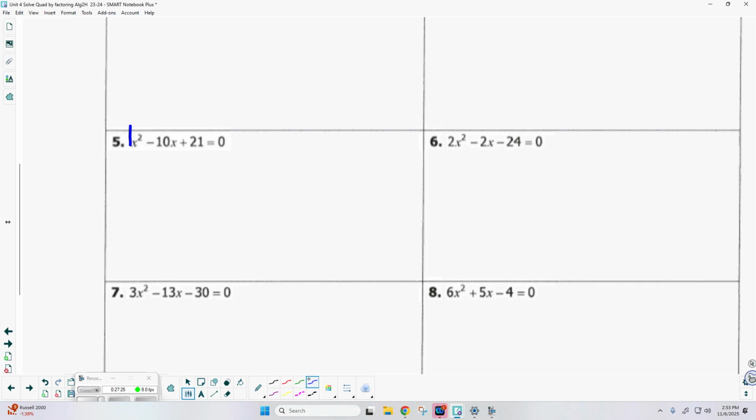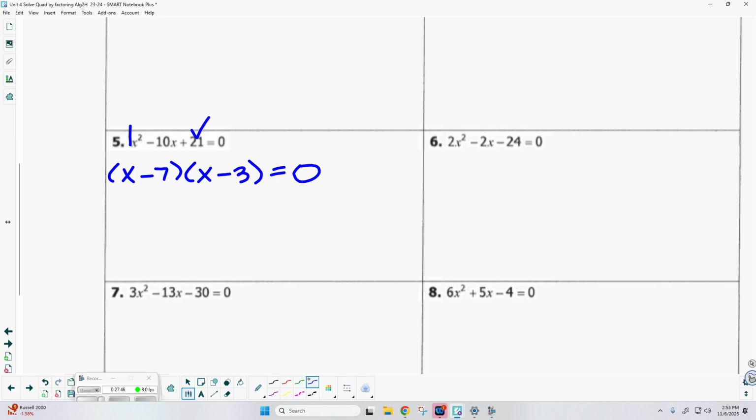What two numbers would multiply to give me 21, but those same two numbers have to add to give me a negative 10? Negative 7 and negative 3. So x minus 7, x minus 3. See, negative 7 times negative 3, there's your positive 21.